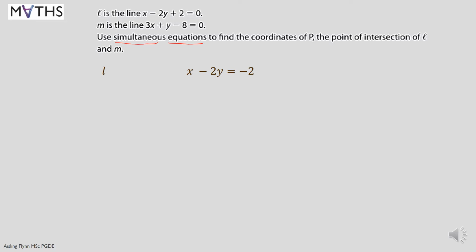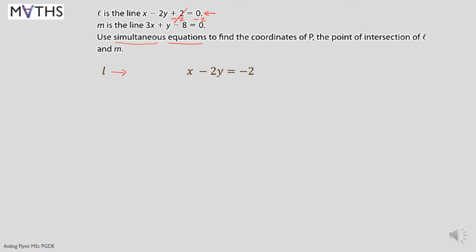So if you look up to the top here, we've made a little arrangement. We've taken 2 from both sides, and now it looks like this here. x minus 2y equals minus 2, and we're used to using this format for simultaneous equations. You might look back through your algebra lessons to remind yourself of this.